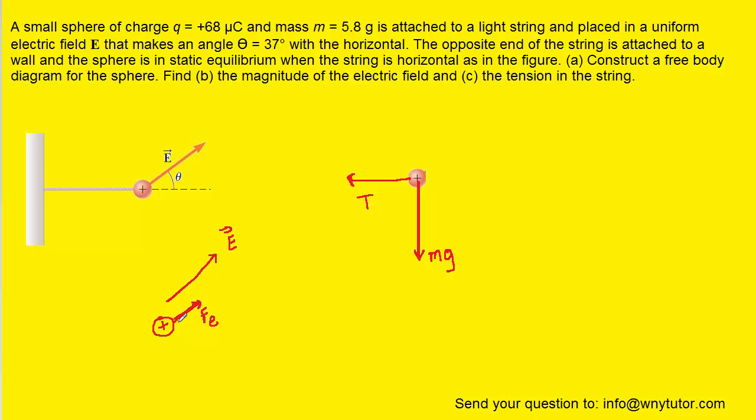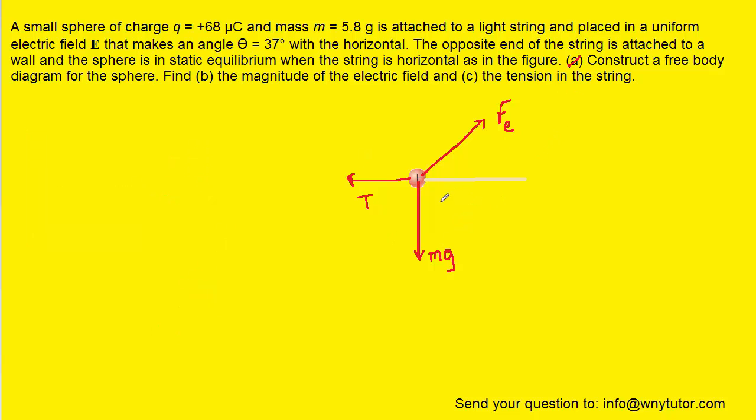So the electric force in this little diagram would be pointing up and to the right in the same direction as the electric field is pointing. Now in the diagram, the electric field is also pointing up and to the right, and so we're going to have an electric force that's pointing up and to the right. We can perhaps label that Fe. And so this diagram would be the final free body diagram, and thus the correct answer to part A.